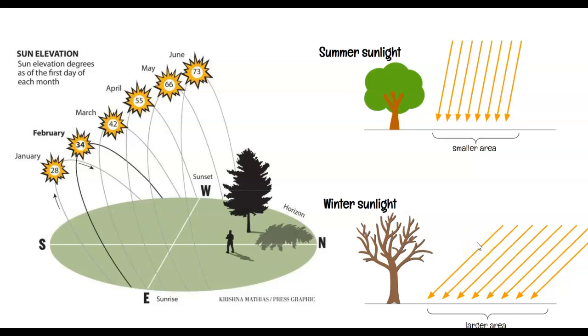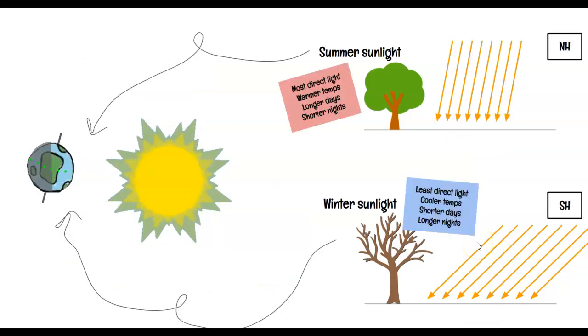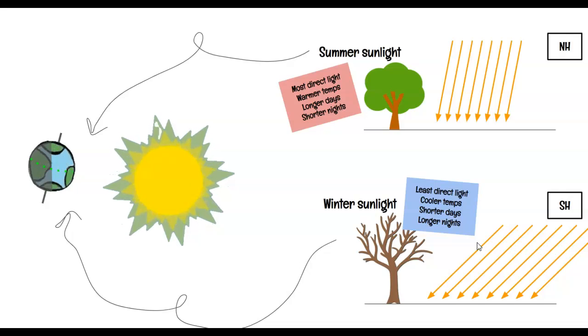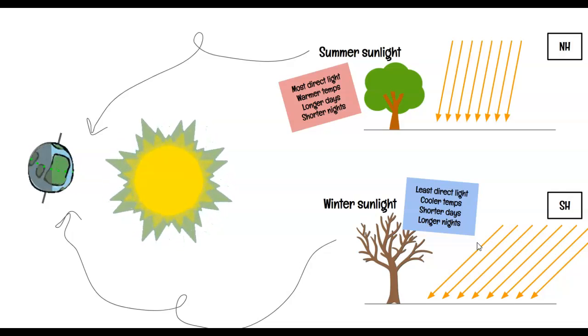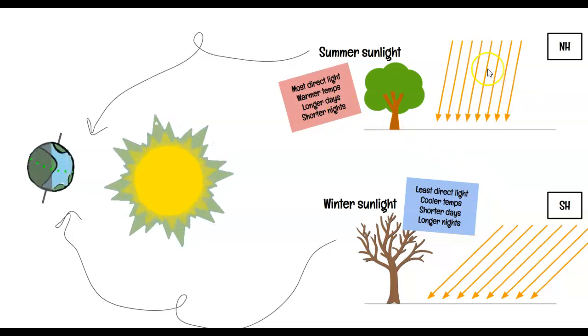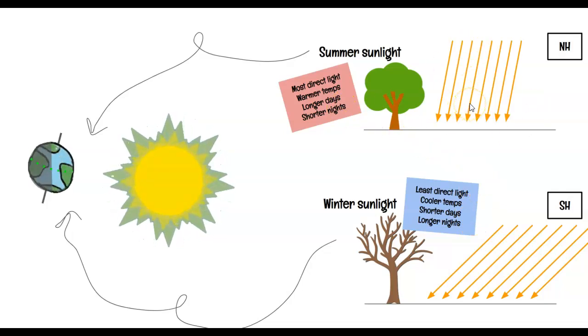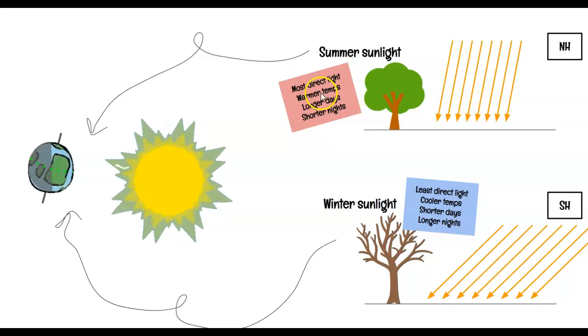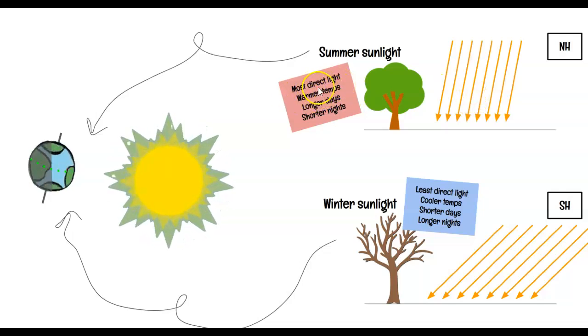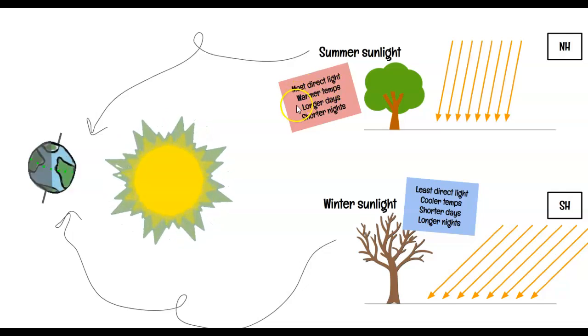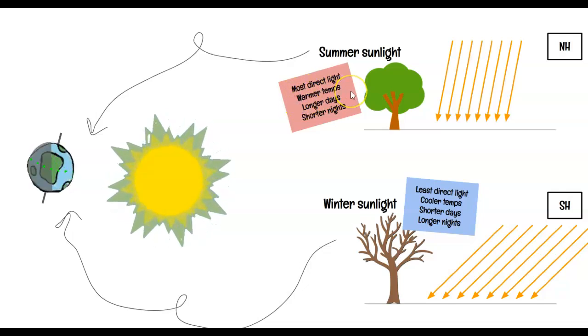And here's how that plays out in the characteristics of our seasons. Whenever it's summer, meaning that hemisphere is tilted more towards the sun, because of that angle of light being greater, we see the most direct light. Then because of that, we get warmer temperatures.